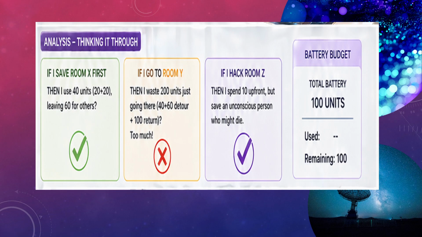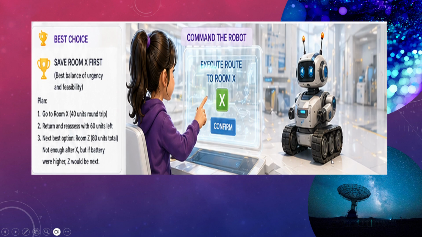So we cannot target room Y. Room Z, as we saw, would need 10 units and additionally 60 units, that is 70 units in total. So out of all the options, what is our best choice? Our best choice is to save room X, because it balances urgency and feasibility.